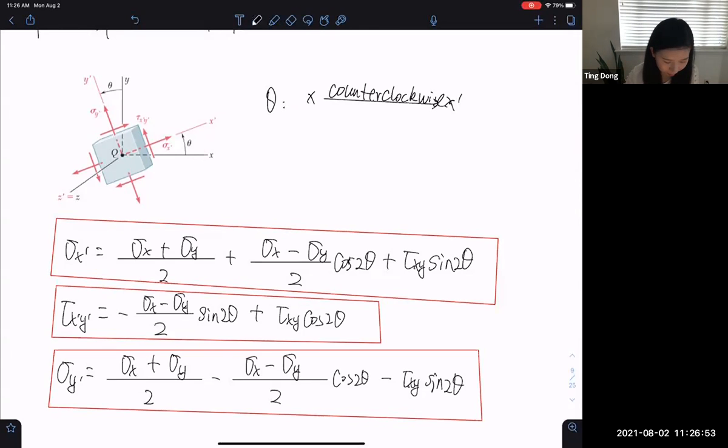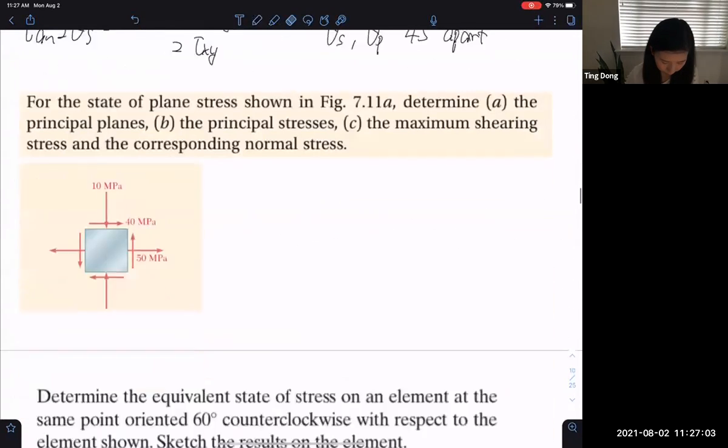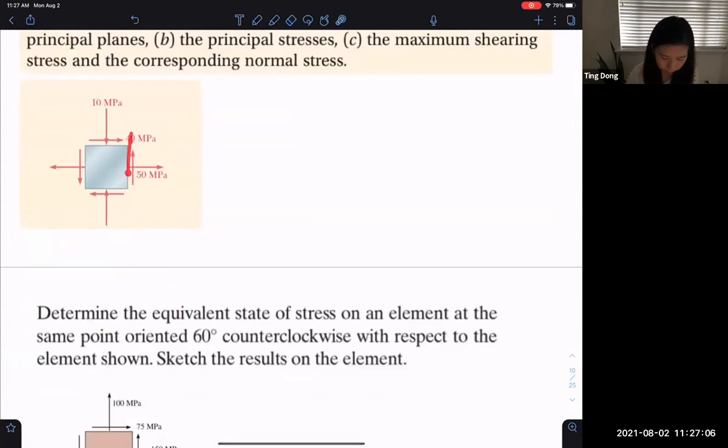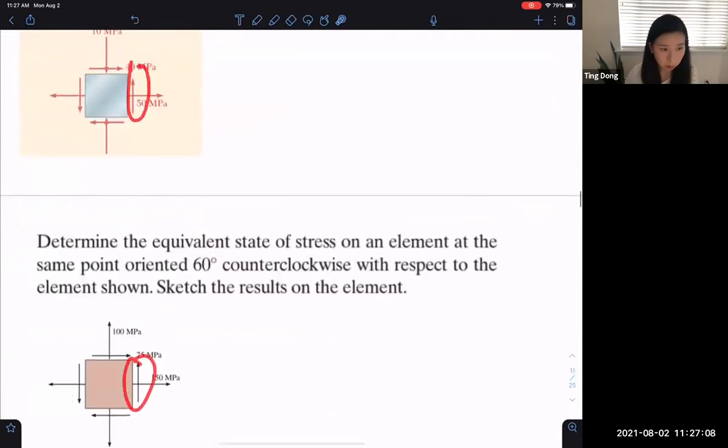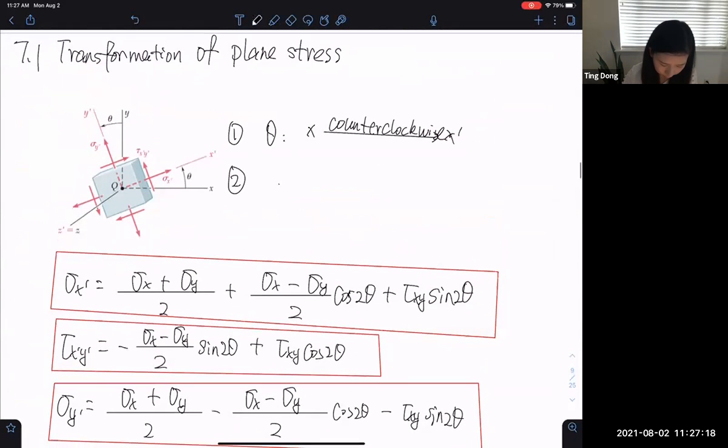And the second one is the sign convention for tau. Let's say when it has a state of stress given like this, should we put positive tau there or negative tau there? That is the sign convention for tau xy in this equation. I talked about this in class.